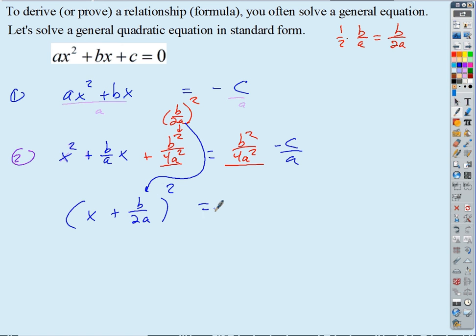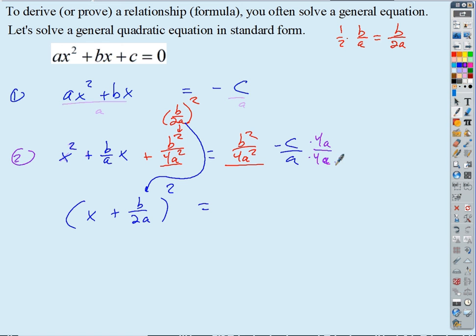Well, let's get a common denominator and add these up, just so we can make it a single fraction. So what would I have to multiply this fraction by to get a common denominator, top and bottom? Let's see, I got to get a 4a squared on the bottom. So just 4a, right? Everybody agree if I multiply both the top and the bottom by 4a, then on the bottom I'm going to get 4a squared and 4a squared.